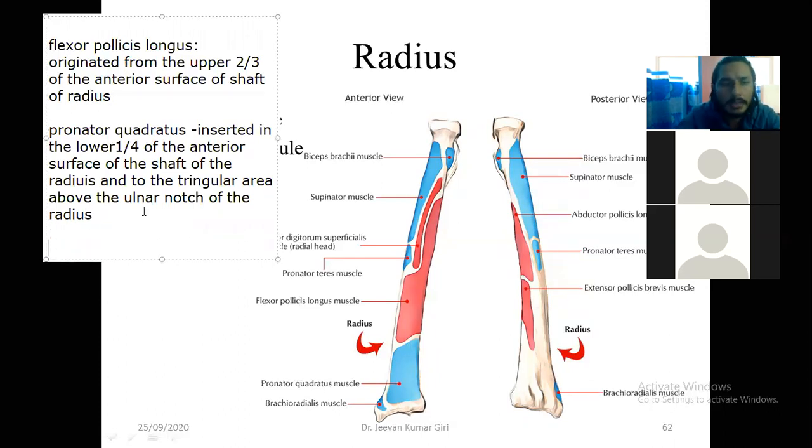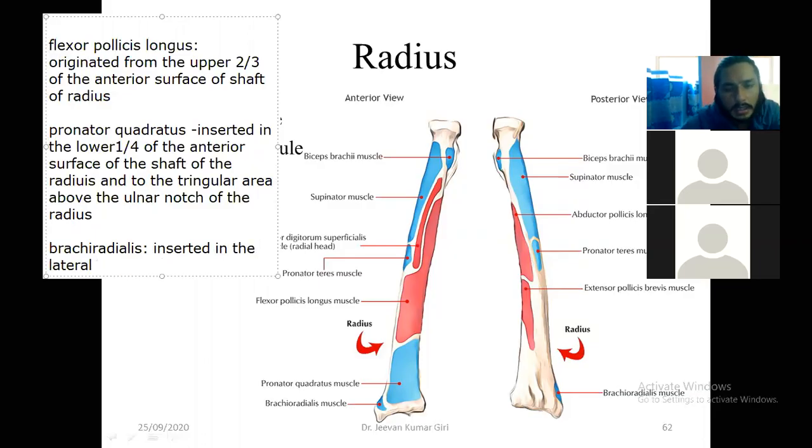Now you can see one more muscle here. So brachioradialis. Okay. So where is the origin of brachioradialis? Lateral supracondylar ridge. Yes, upper 2/3 of the lateral supracondylar ridge. So there is the origin. Now see insertion is here.